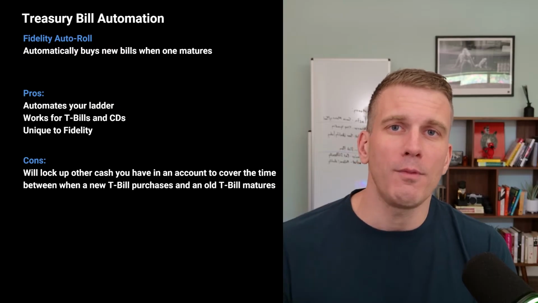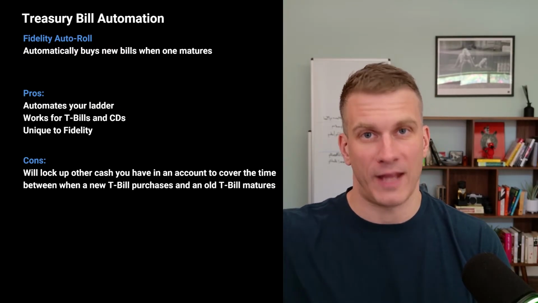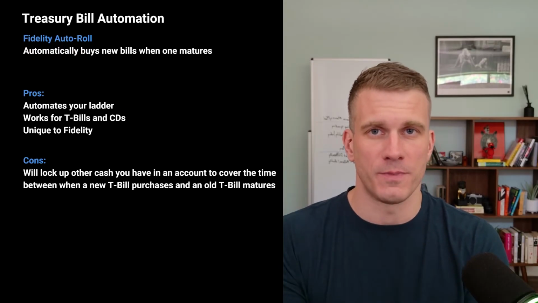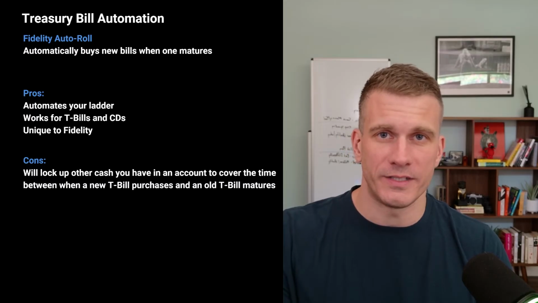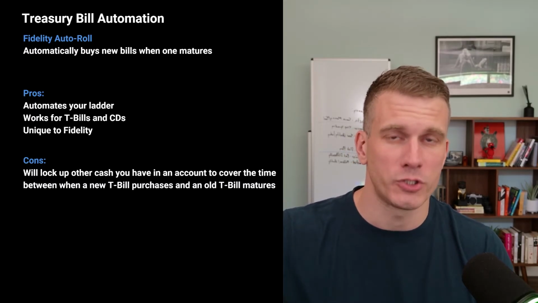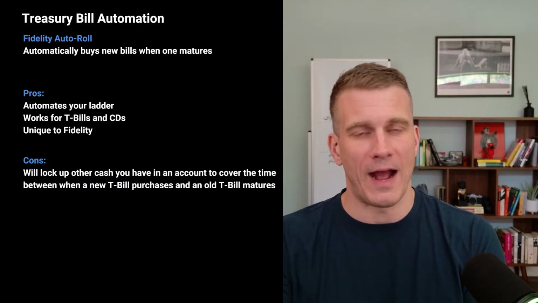And so the problem is that if you have a cash management account where you have cash plus your treasury bill ladder, Fidelity will automatically use existing cash in your account to purchase that new treasury bill while it's waiting for money to come back from the government.